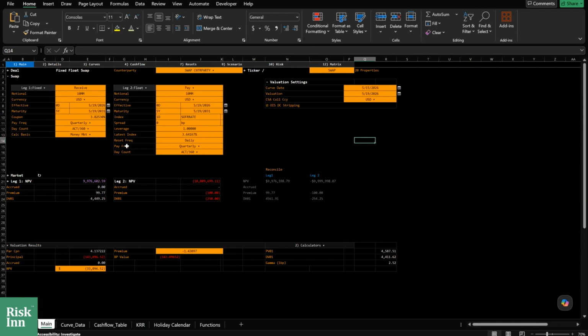Some of the things will be new. Let me quickly walk you through this. We have two legs, right? A receive leg and a pay leg. You can have receive fixed and pay floating. Here you specify the maturity, start date, end date, payment frequency. Day count convention is one of the most important attributes, which often gets ignored in textbooks.